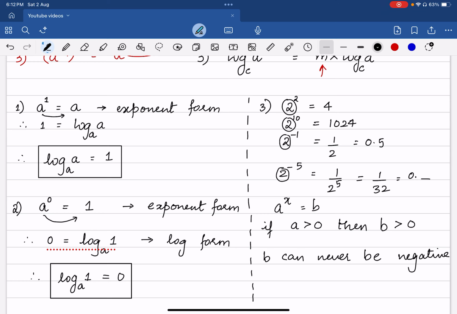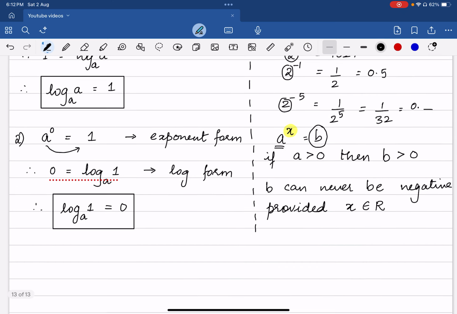And when I say whatever values, I will emphasize that x belongs to the real numbers. So what I'm trying to say in short is that for any real value x in the power, if the base is a positive number, your answer will always be a positive number.